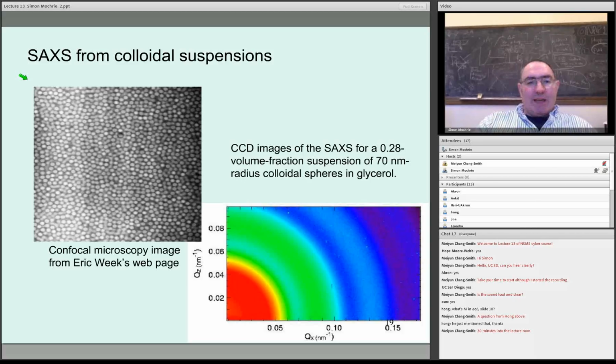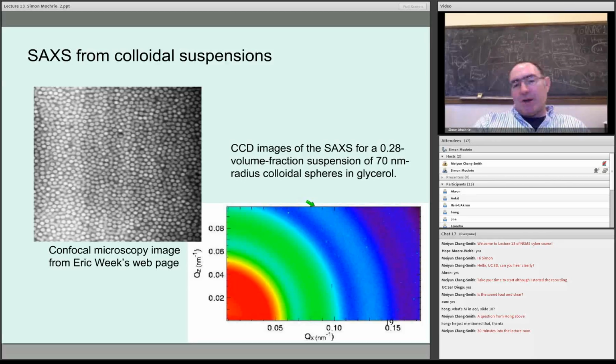So over here, I just have a picture of the sort of system that we're looking at. This is a confocal microscopy image, and it just shows you that there are a whole bunch of little spheres fairly closely packed together, and so that's really what we're looking at. What that looks like in a typical small angle scattering X-ray experiment with an incoherent beam might be something like what's shown in this slide here.